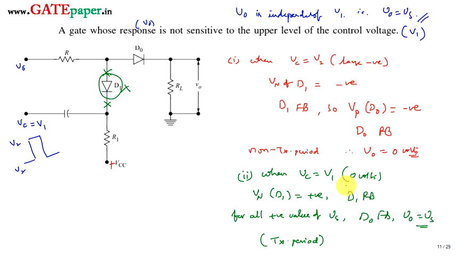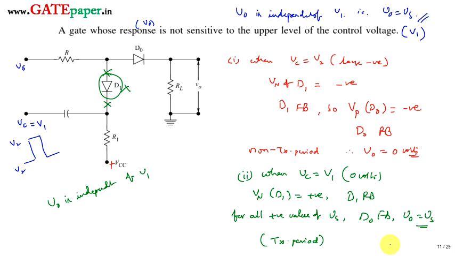So during transmission period, the diode D1 is acting as open circuit, so that V0 is independent of V1, because V1 is not at all connected towards the output during the transmission period. This is how we can reduce the disadvantages.